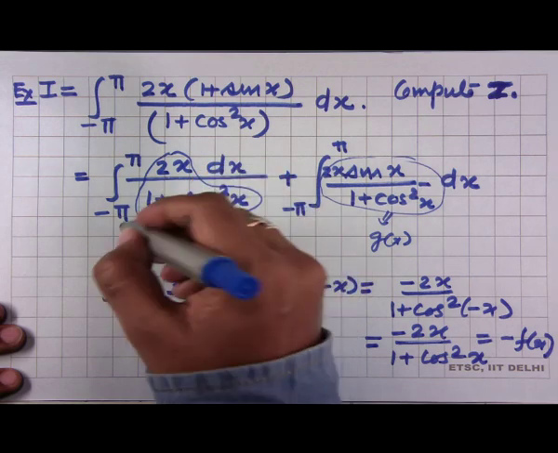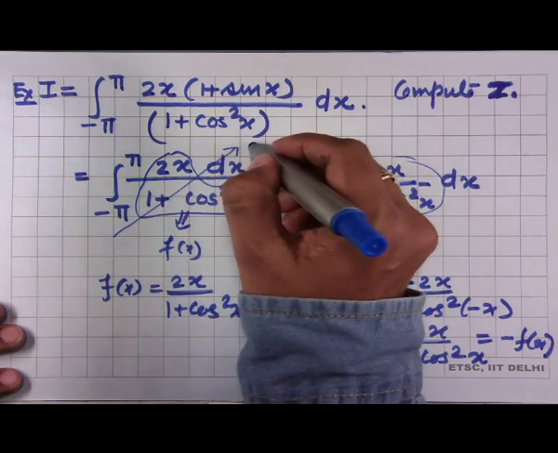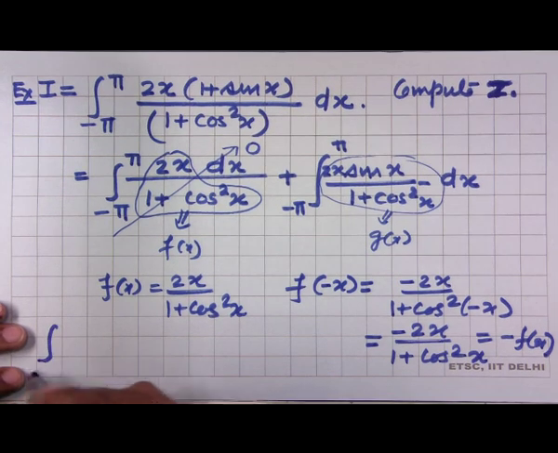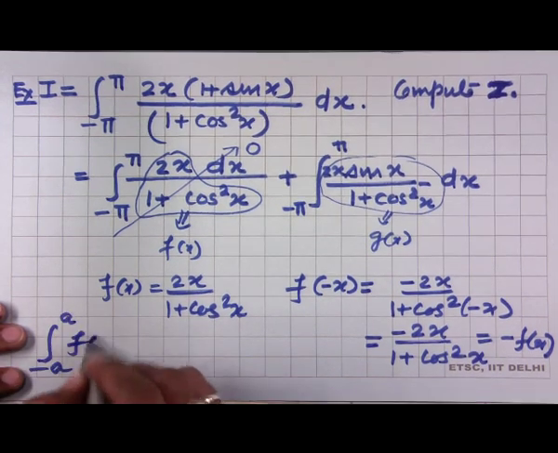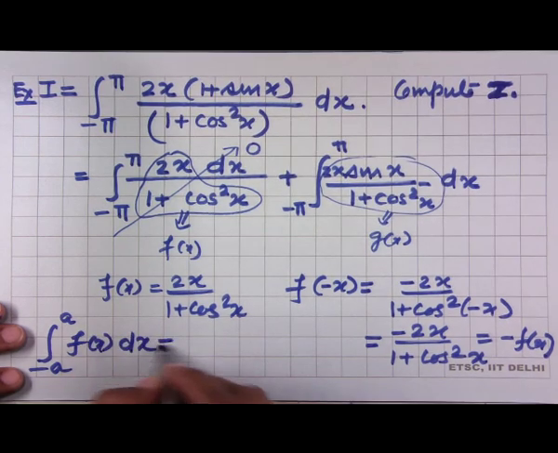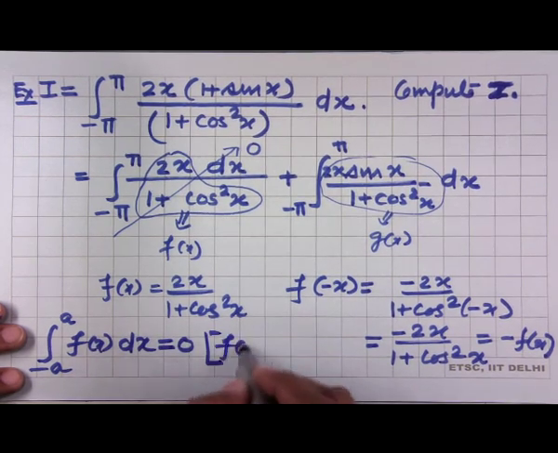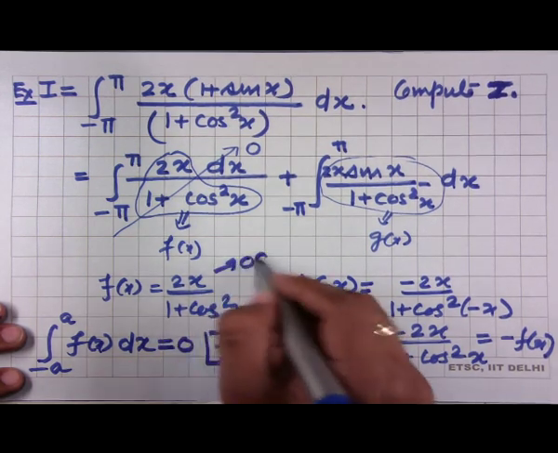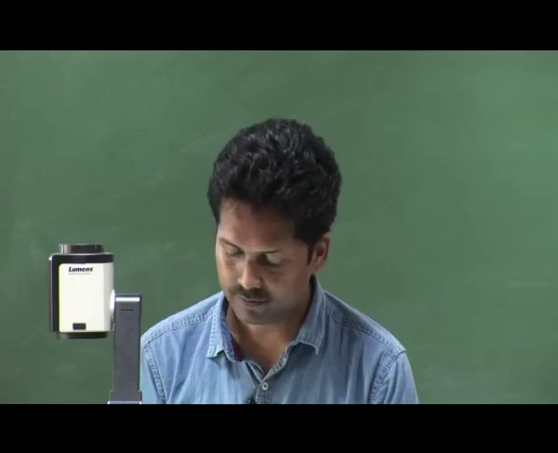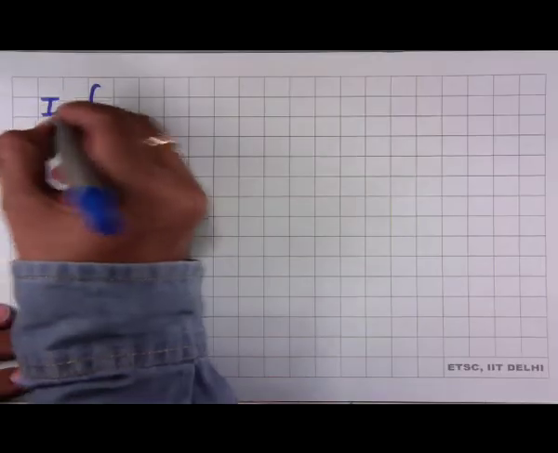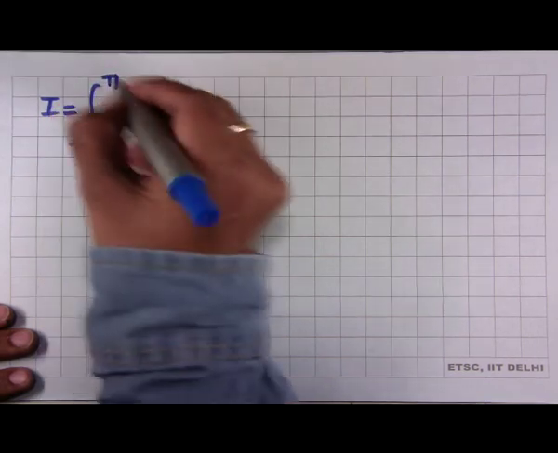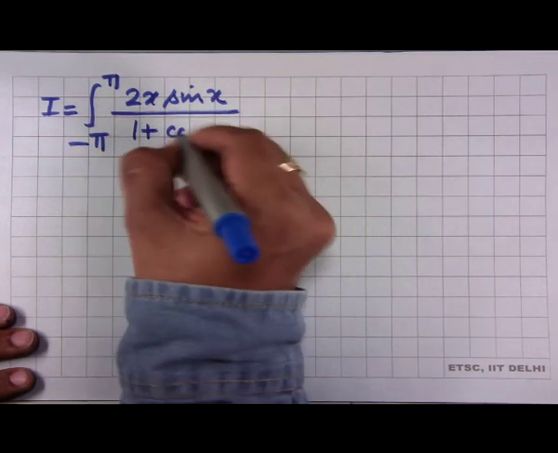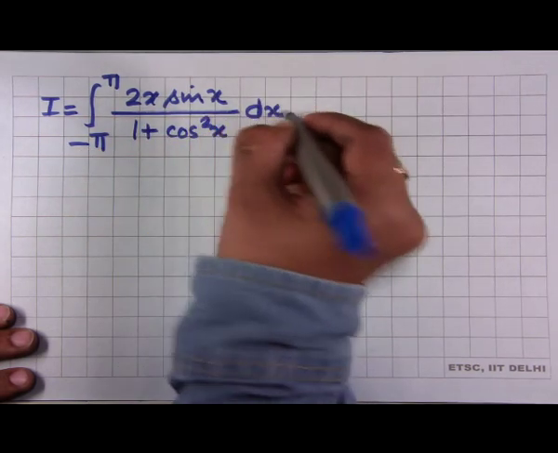Therefore, by using the property of definite integrals for odd functions, this will be 0, as we know that if fx is odd, then the value of the integral is 0. So this is odd. Finally, you arrive at this integral. So your I is the integral from minus pi to pi of 2x sin x by 1 plus cos square x dx.